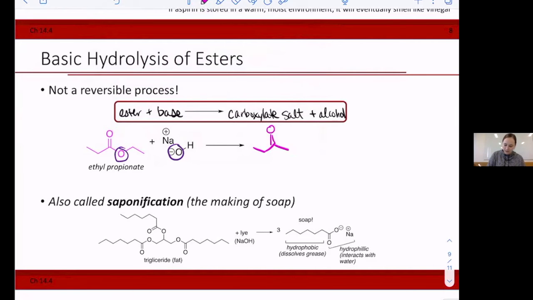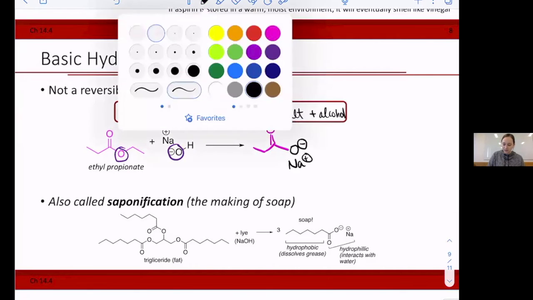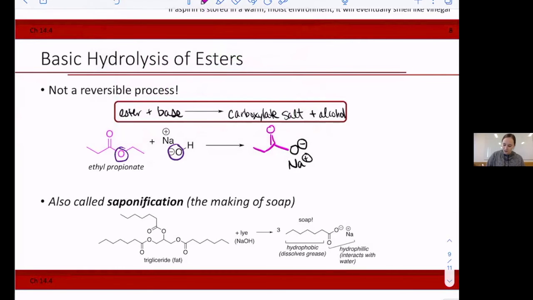I'm going to swap that color real quick. So our oxygens are going to swap places. We make our carboxylate salt based off of whichever counter ion we have here. In this case, we have sodium. And then we're going to have our alcohol.